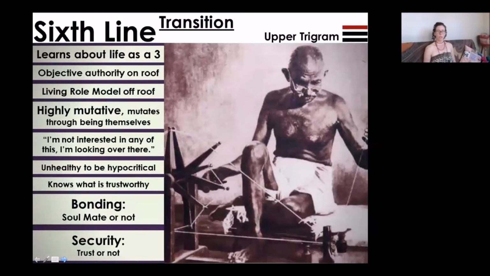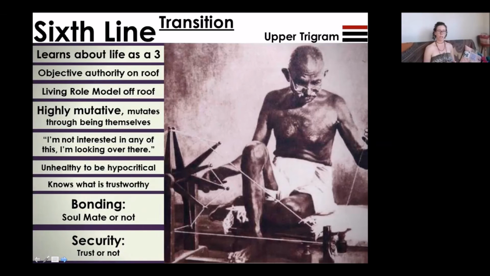Sixes are role models, so people are paying attention to your example, to your behavior and what you actually do, not what you say. So integrity is really important for a six, and they can't really get away with being a hypocrite. They are idealists.